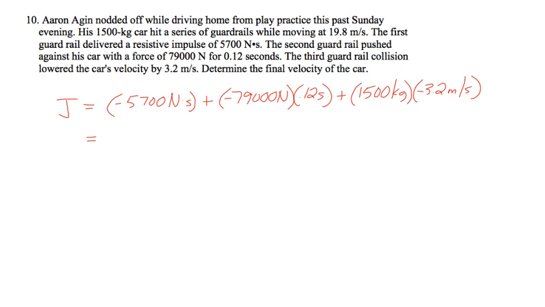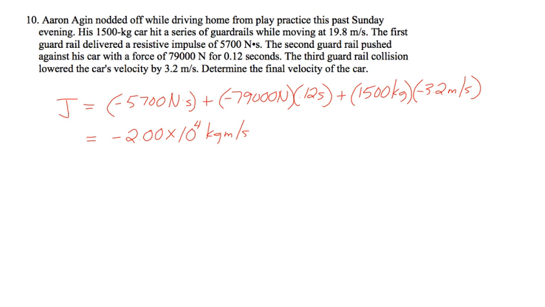If I were rounding that to three significant digits, that number would be negative 2.00 times 10 to the 4. I can write it in Newton seconds, or I can write it in kilogram meters per second. Since I'm solving for a final velocity, I'm going to write it as kilogram meters per second.